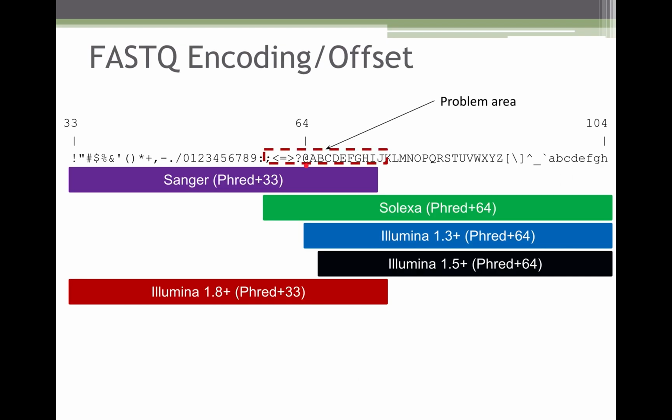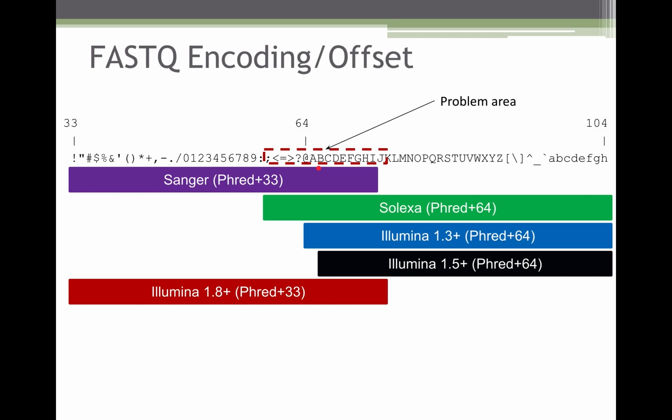Now, why it is important to know which of the Illumina platforms your data is coming from is because of these overlapping reasons. For these two scales, these letters represent high quality data, whereas for these three intermediate scales that were used by Illumina for some of their sequencing versions, this same set of characters will be representing the lowest quality.